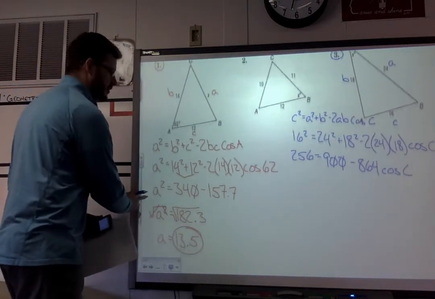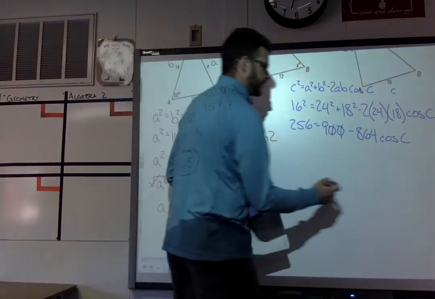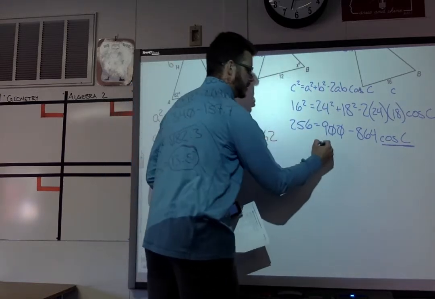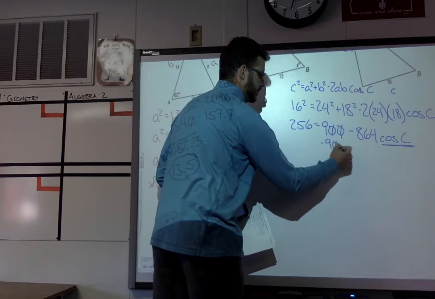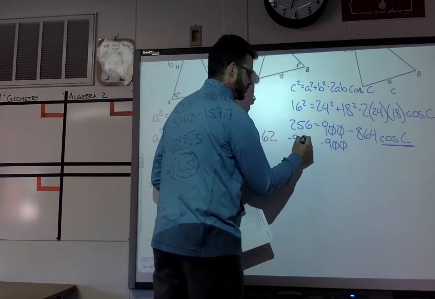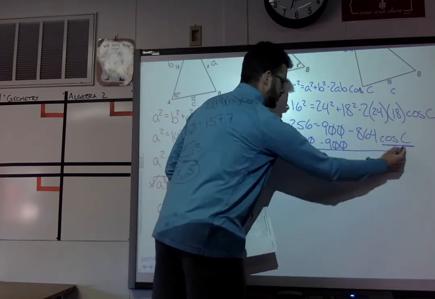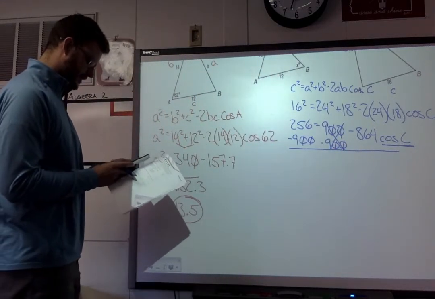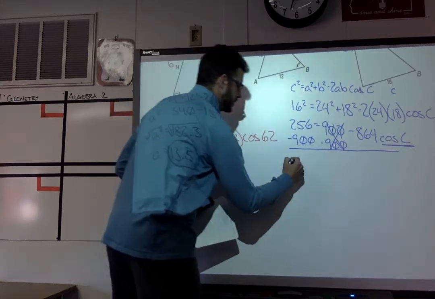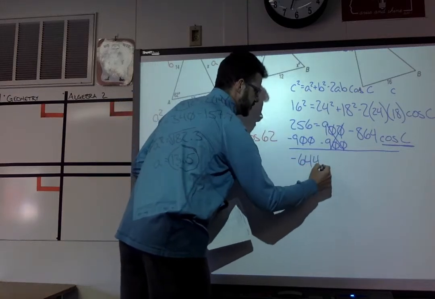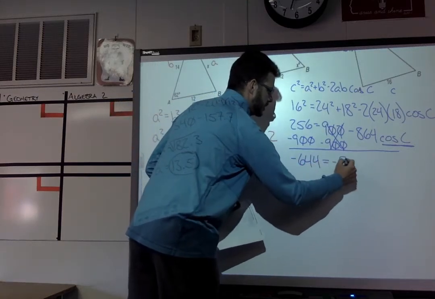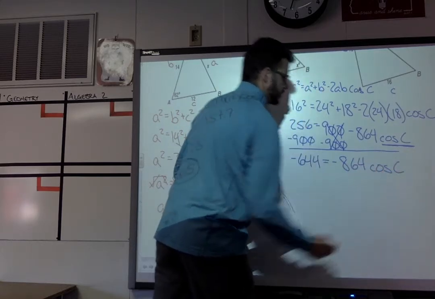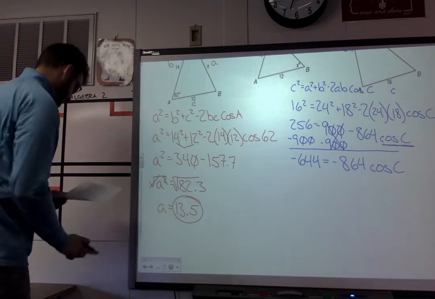So what I need to do instead is go step by step to solve for the cosine of C. So I'm going to start by subtracting 900 from both sides. Those cancel. 256 minus 900, I would have negative 644 equals negative 864 times the cosine of C.